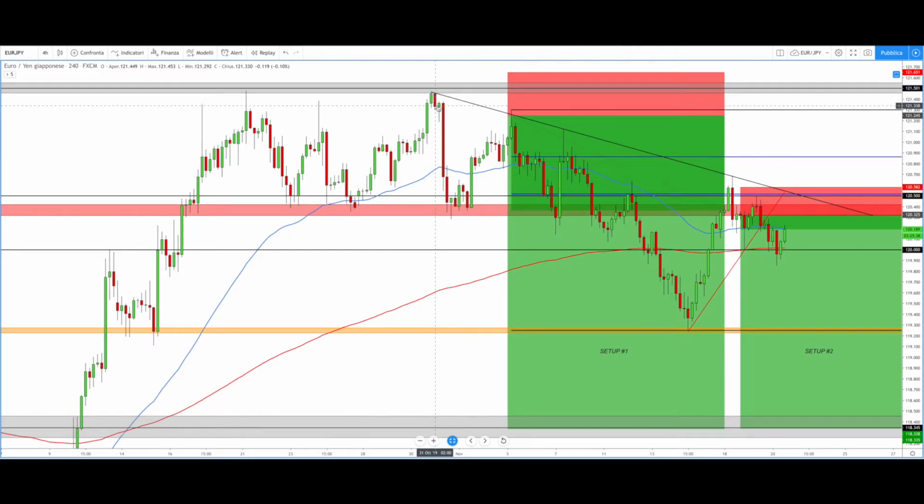And the price immediately after this candle started a huge bearish movement that brought the price again to touch this slowdown area around 120.40. Here, guys, I placed an order around 121.25.